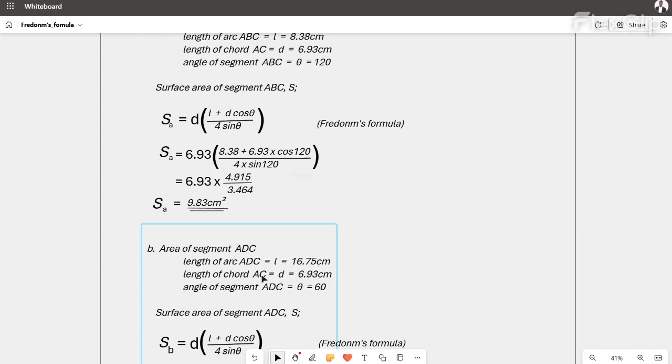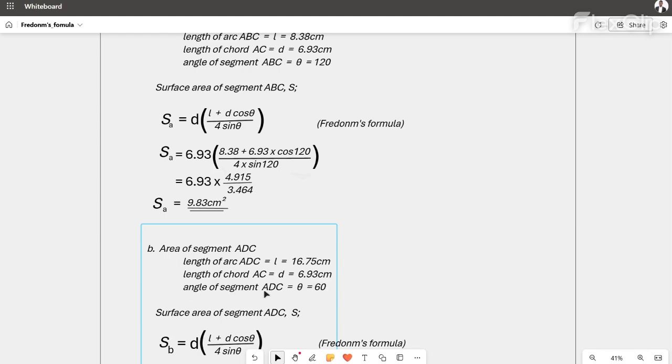Length of chord AC, let's call it D, is equal to 6.93 centimeter. They are the same value because it's the same line that divided that circle into that major segment and the minor segment. So that length of chord has the same value. It doesn't matter whether it's the major segment or the minor segment. Okay, and that is it for that one.